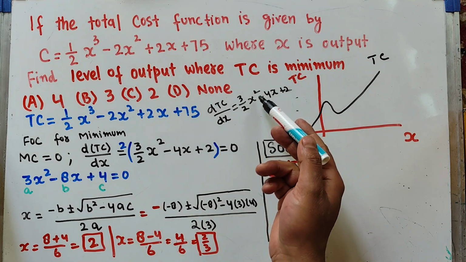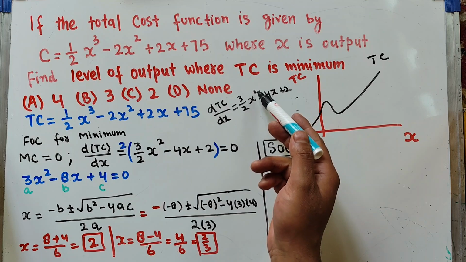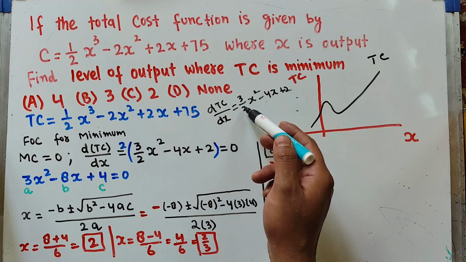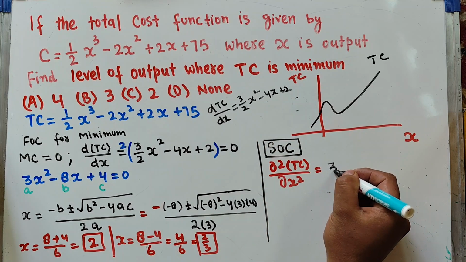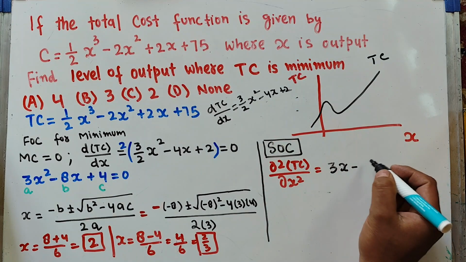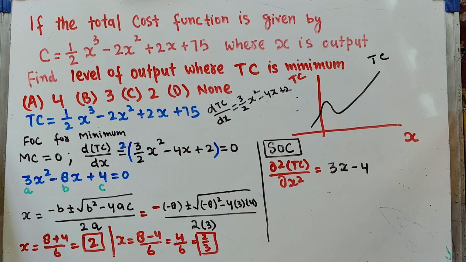Taking the second derivative, the exponent becomes the coefficient, so 2 will get cancelled with this 2, so we are left with 3x minus, derivative of x is 1, so we are left with 4, and the derivative of a constant is 0. So we got this second derivative.